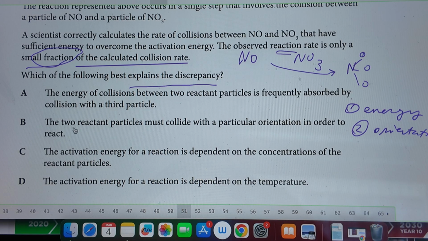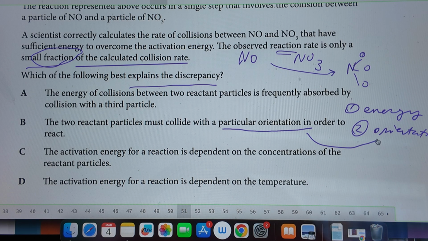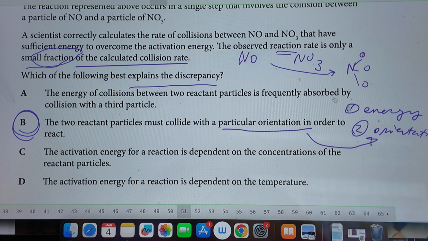Why is that? Because the two reactant particles must collide with a particular orientation in order to react. This is what I was talking about here. This is true. Not only do they need enough energy, but they also need to be in the correct orientation.